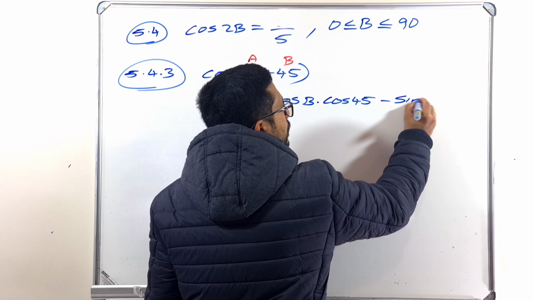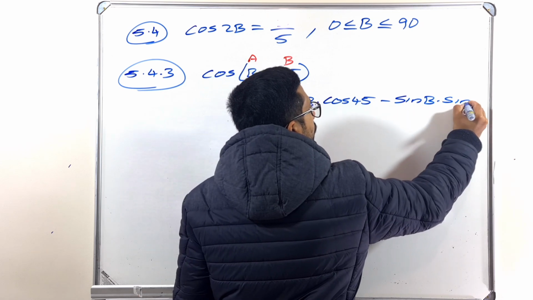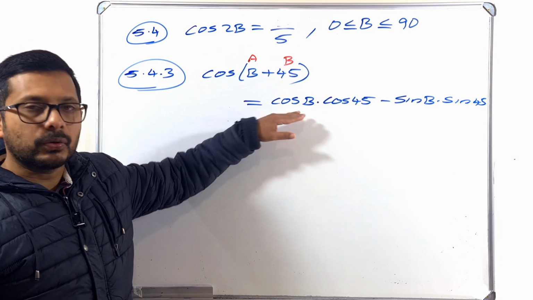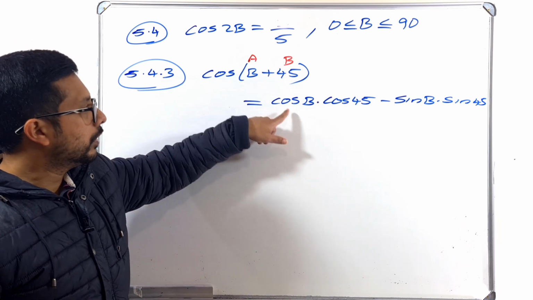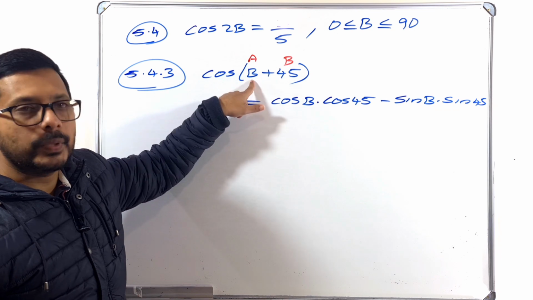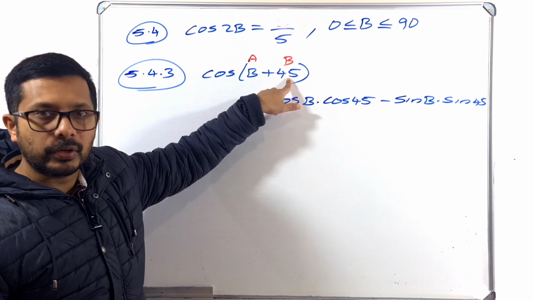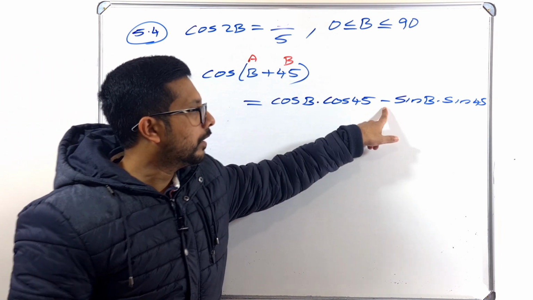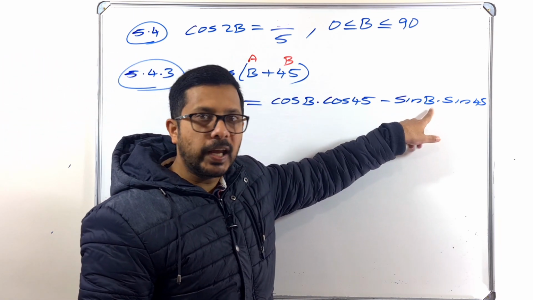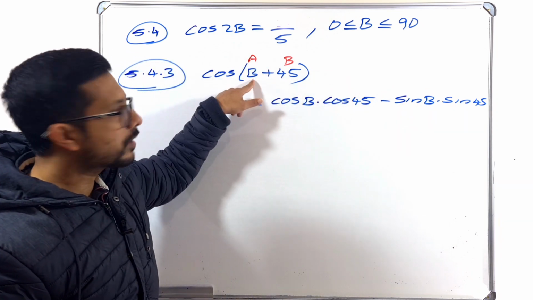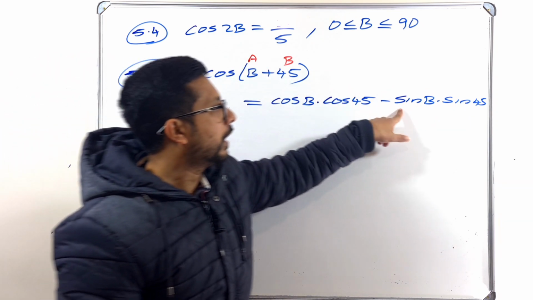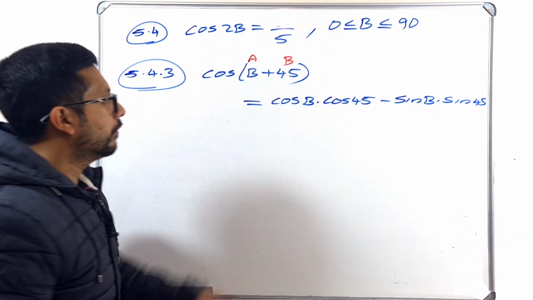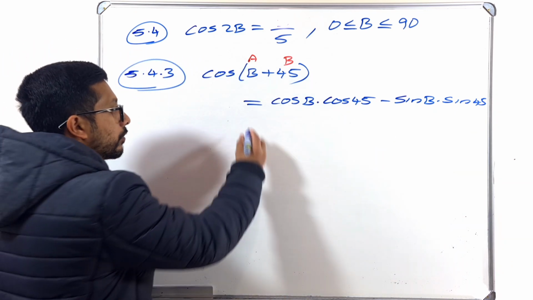Okay, so you have to know this formula: cos A cos B minus sin A sin B. Here instead of A it is B, instead of B it is 45. Here A is B, so sin A sin 45. Now what is the answer of, okay, what is cos B? That was our first question.